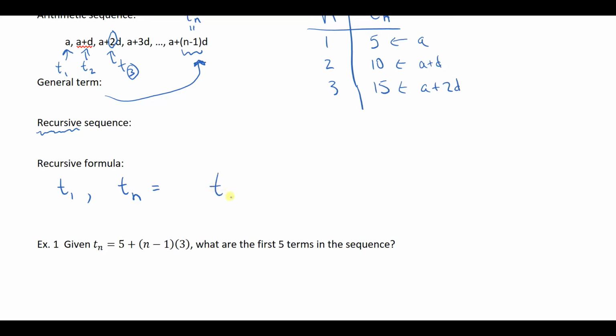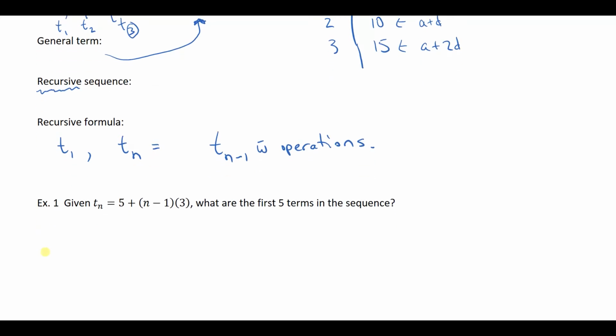So we would have one term less, n minus 1, because I have tn, and then some sort of operations. We'll come up with an expression that works for all arithmetic sequences later on, once we've had a bit more experience.